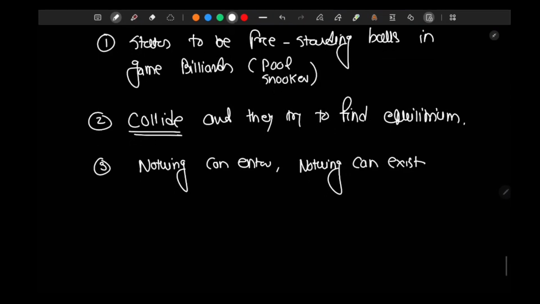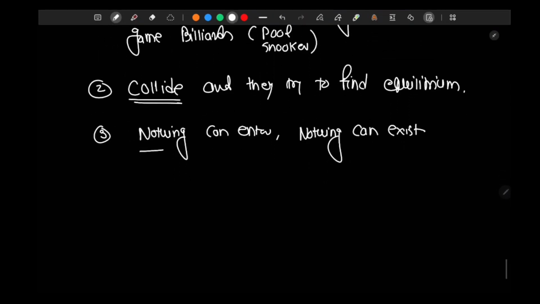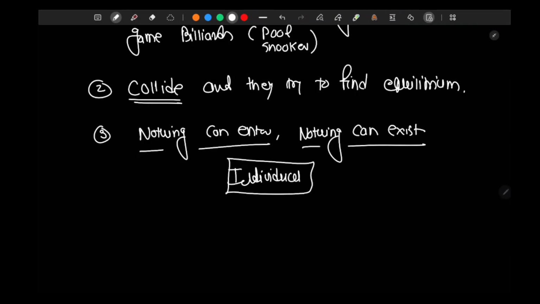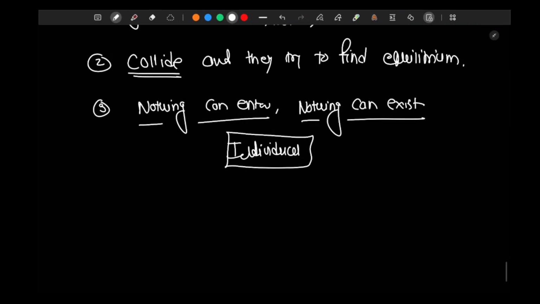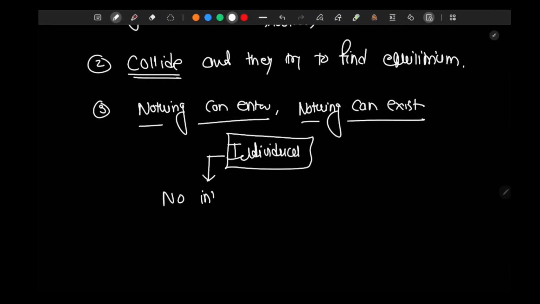What I mean by nothing can enter, nothing can exit, is individuals living in the society, in the country. When we assume our model to be the billiard ball model, we inherently assume nothing can enter, nothing can exit, and there is no interaction between individuals, which means there is no interaction between societies.